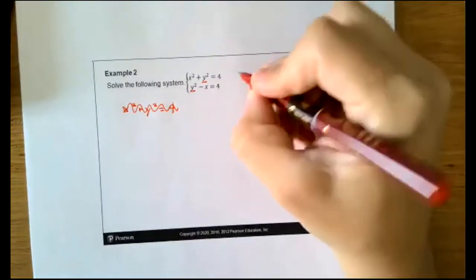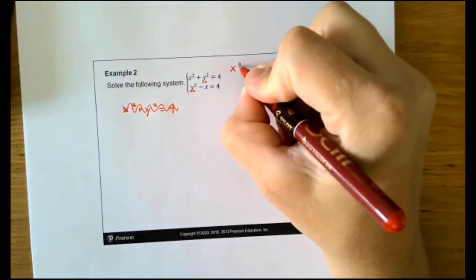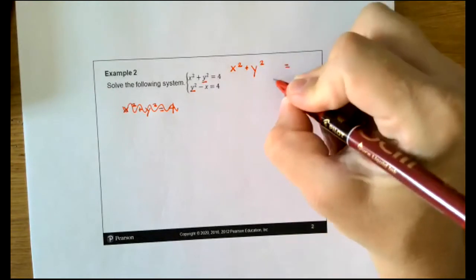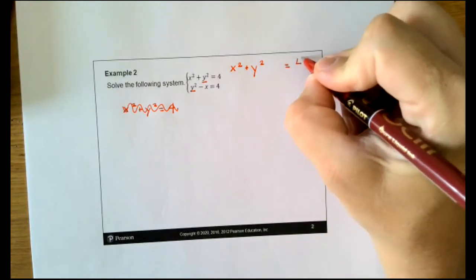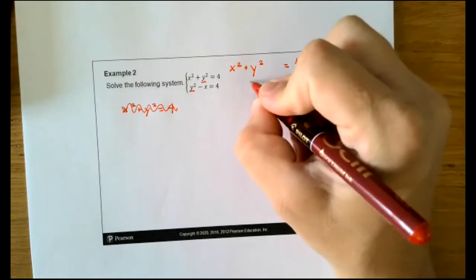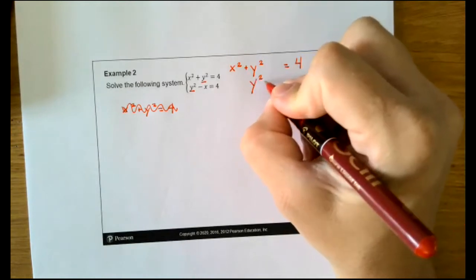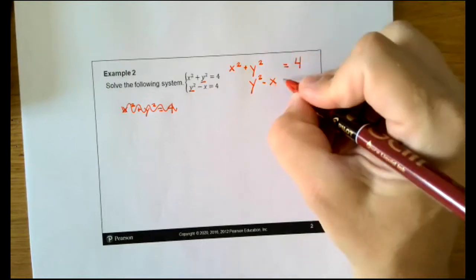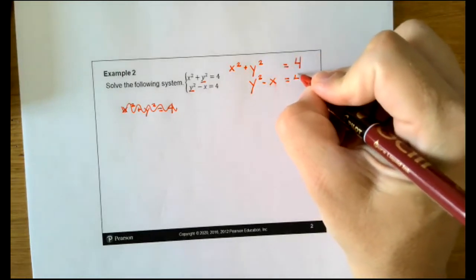All right. X squared plus y squared, and then I'm going to leave space and put the 4 here so that I can put the x here. It's not on top of anything because it's not a like term with anything.